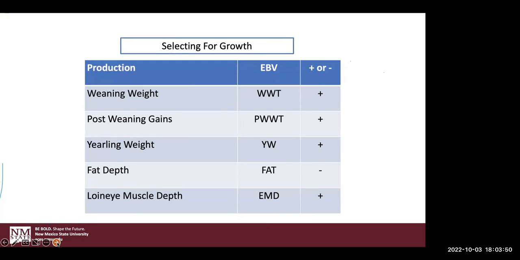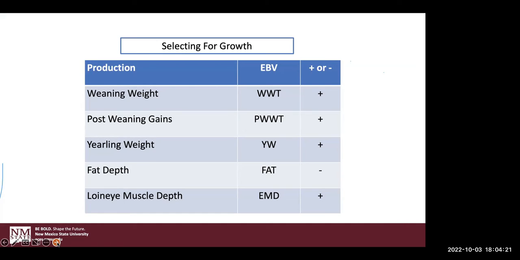Next, we have growth. So if really your focus is on improving your rate of gain while you have the lambs, weaning weight is certainly one. But post-weaning gain and yearling weight, I like to look at simply because there's less noise, if you will, in these values. They're more heritable. And so if you get a higher post-weaning gain value, that's likely going to correlate with a heavier lamb at weaning.